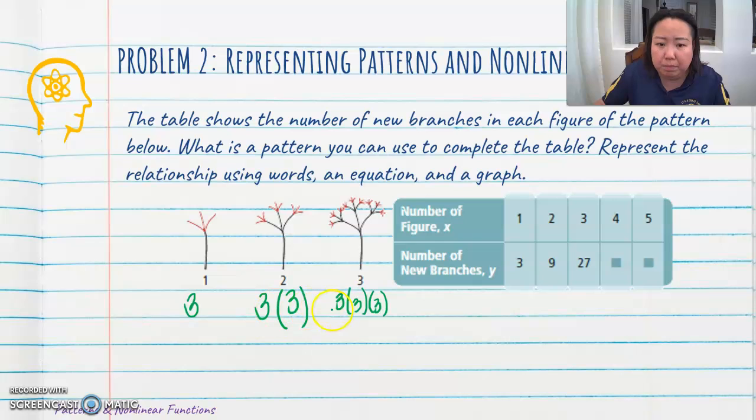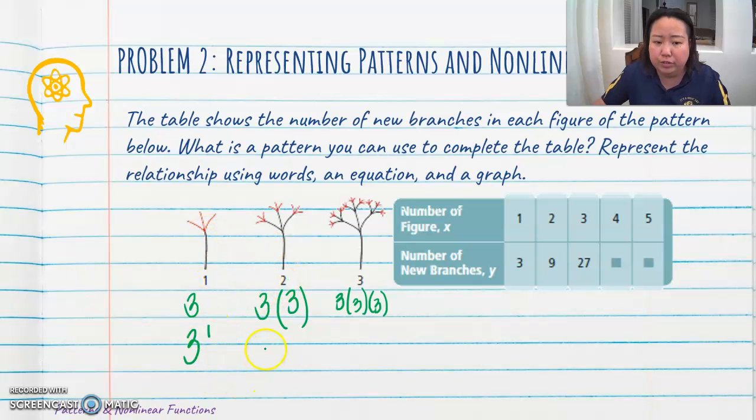And so if you will see the pattern, if you add 3 more to each of these small red branches here, you know it's going to be 3 times 3 times 3 times 3. So what's happening here is that you are multiplying 3 by the number of original branches.